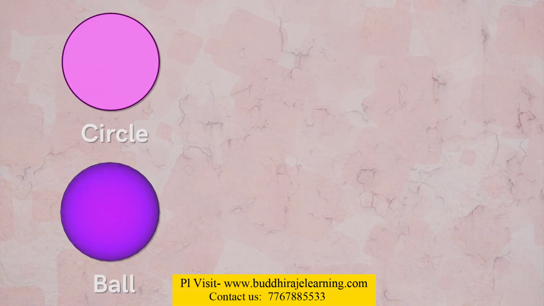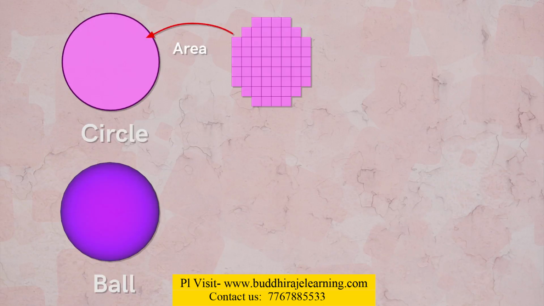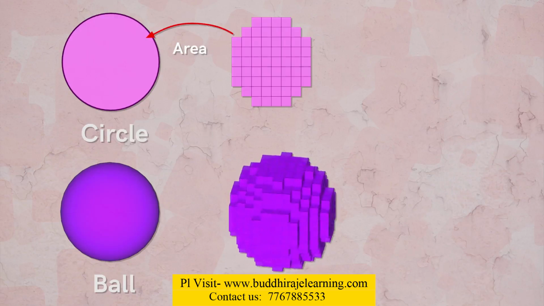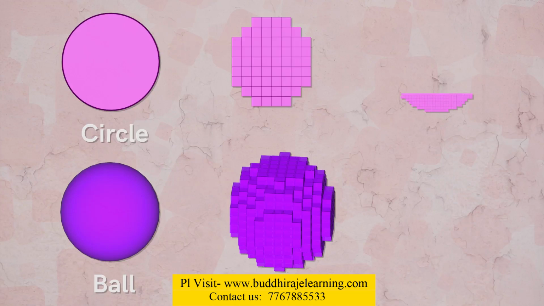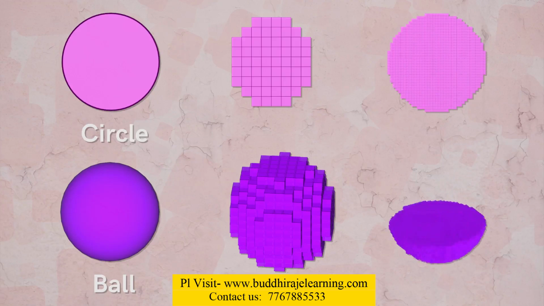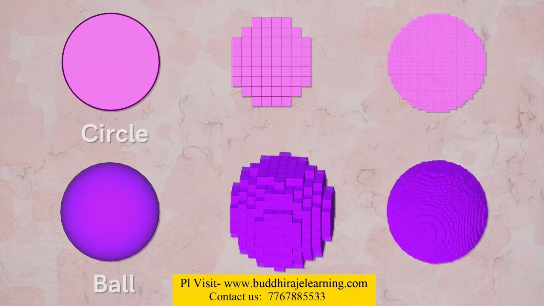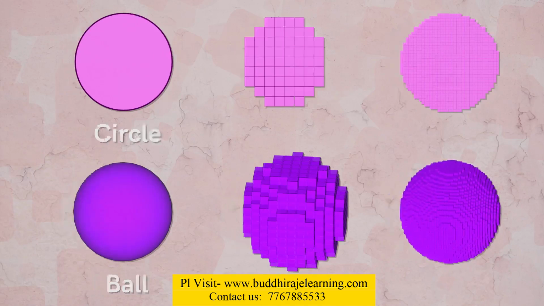As we can find the area of a circular part by making small squares, similarly we can find the volume of any round ball or object by making small cubes. We get the accuracy of the area of that figure as much as we draw small squares. In the same way, the smaller the cube, the more accuracy is gained while finding the volume.